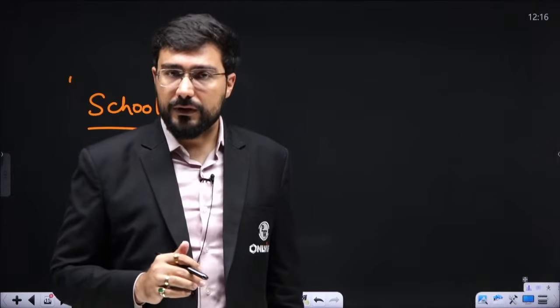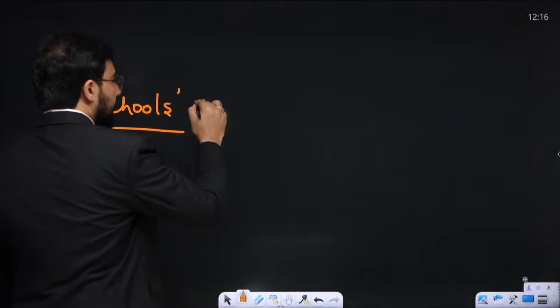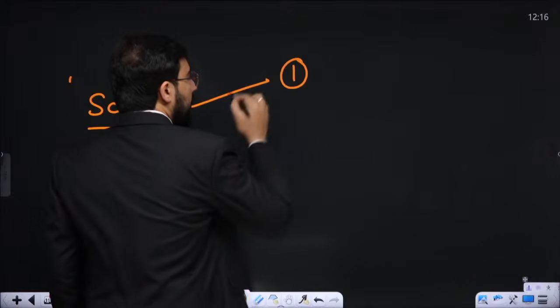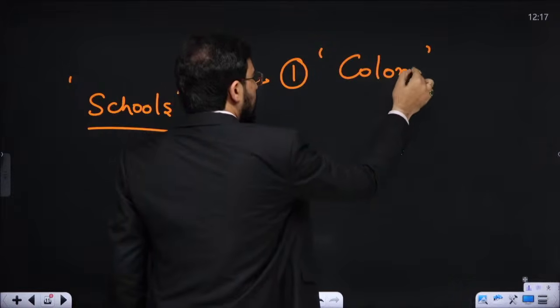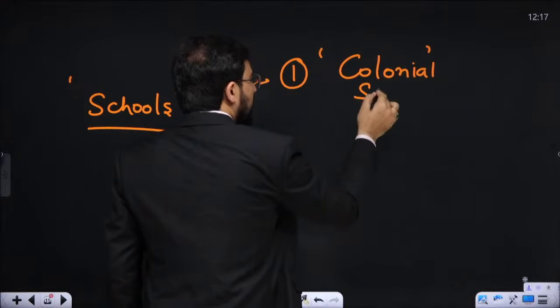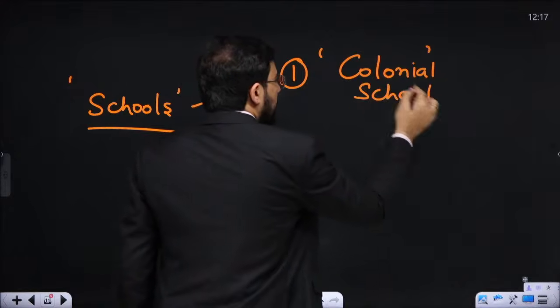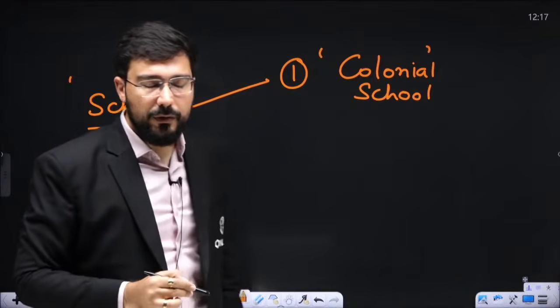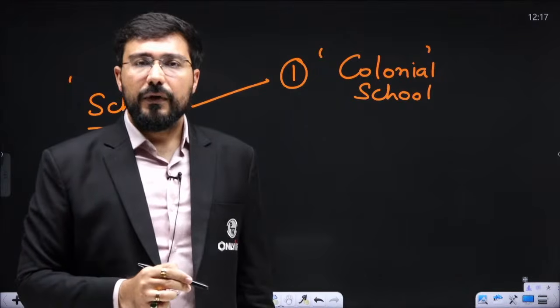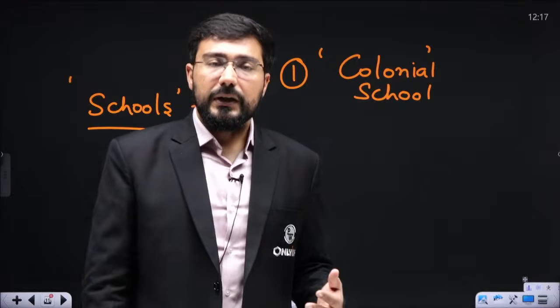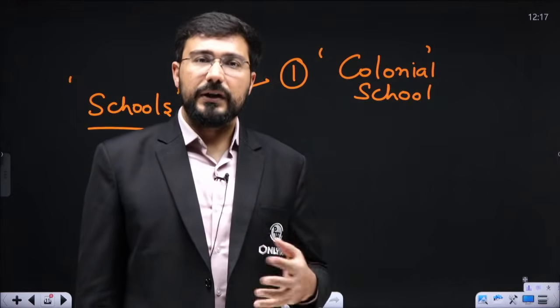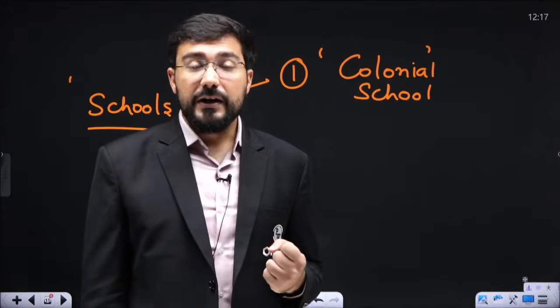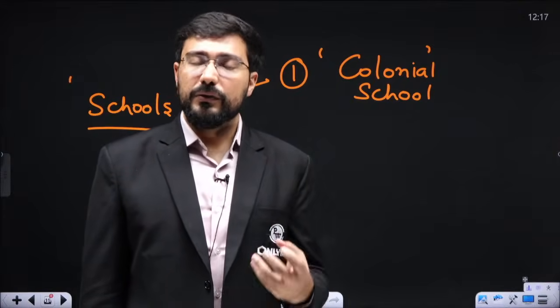In fact, the first school which emerged and wrote about Indian history was the British school or the colonial school. There are multiple ways of classifying it, like Cambridge, etc., but for the sake of simplification, we can just remember the word colonial school. When the British were writing history, they were creating a narrative that Indians are not good enough for self-governance, that Indians always need a despotic ruler.